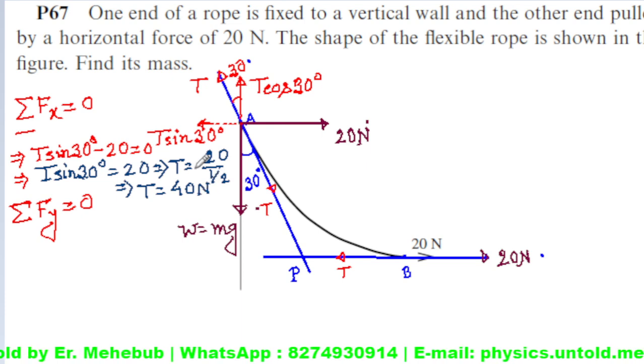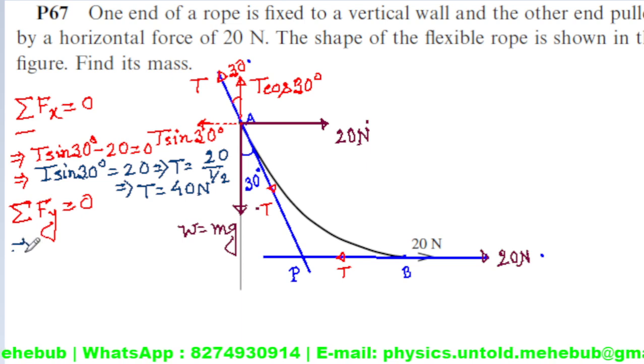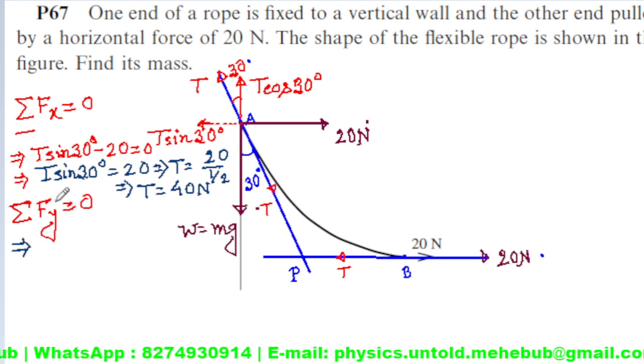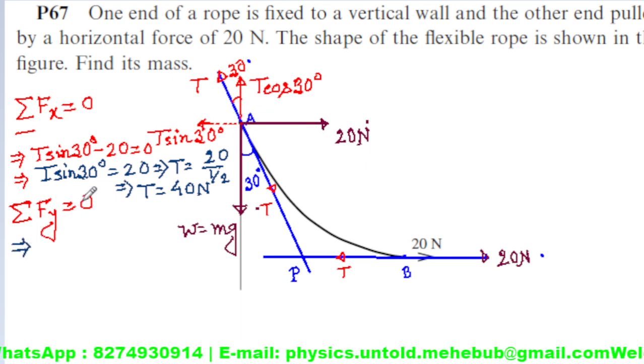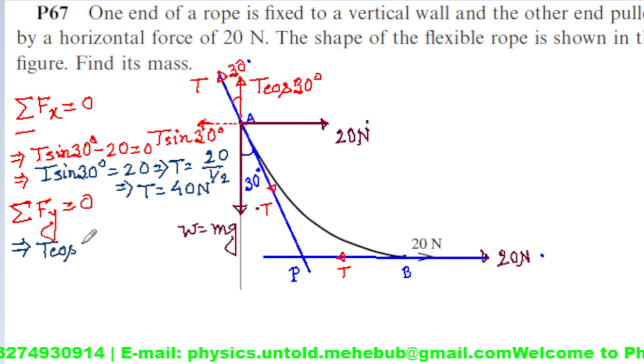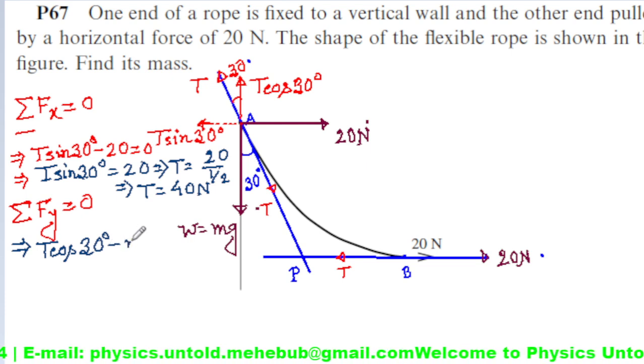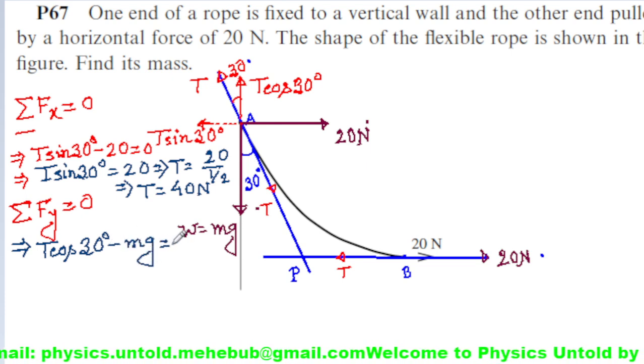And from summation of Fy equal to 0, the force in the y direction gives T cos 30 degrees minus mg equal to 0.